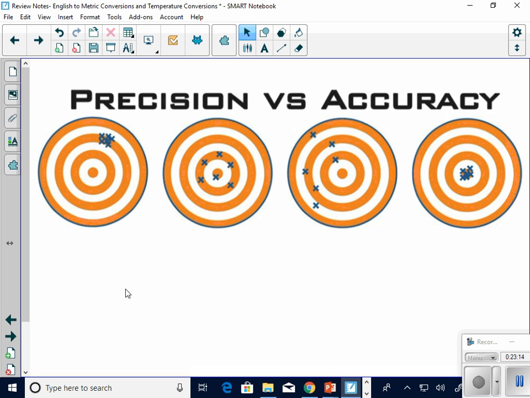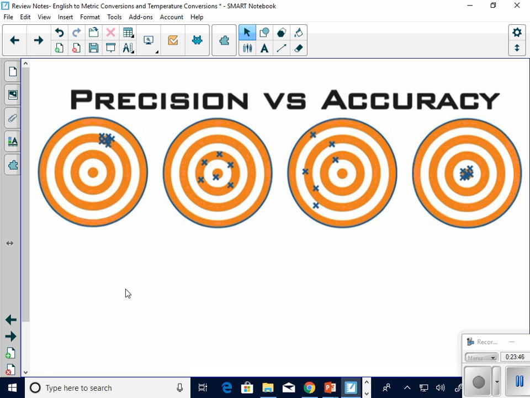What is accuracy? Yes, Medina. Okay, the ability to hit where you want to hit. How close are you to the accepted value? Obviously, on this particular slide here, I'm dealing with bullseyes. Okay? So my accuracy is going to be, how close am I to the bullseye?